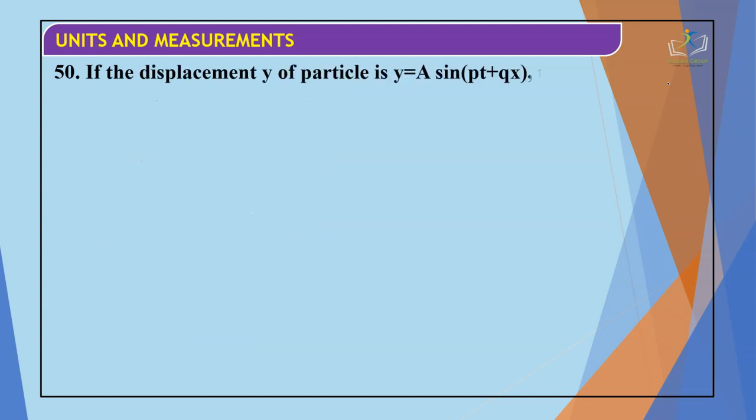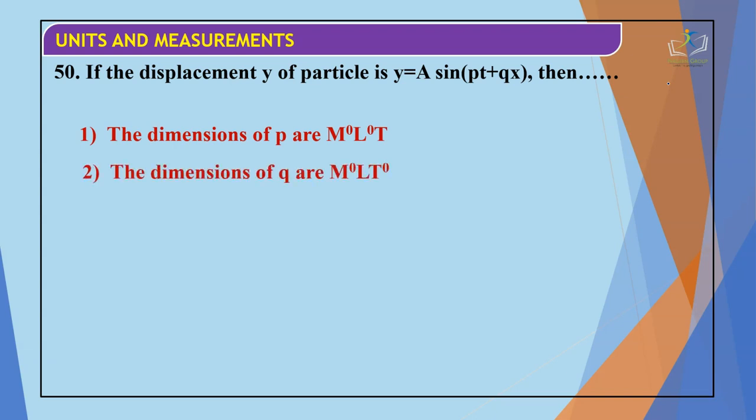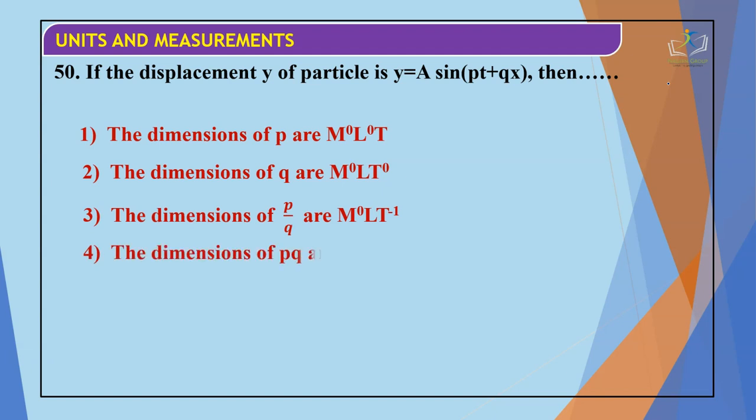Next, if the displacement y of a particle is y is equal to a sine pt plus qx, then the dimensions of a p are, the dimensions of a q are this, the dimensions of a p by q are this, and the dimensions of a pq are this. Again, if this type of question came, students, you have to check each and every part.